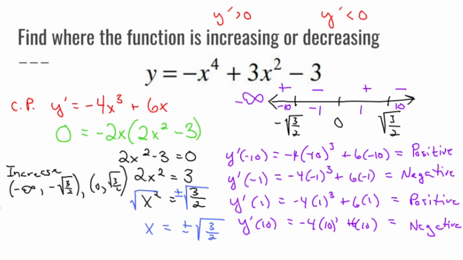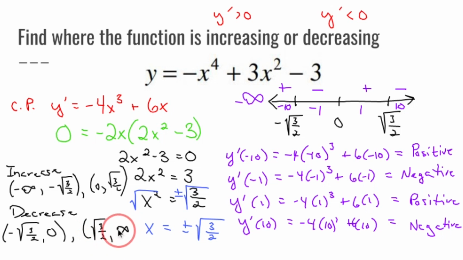And it's decreasing between negative root 3 over 2 to 0, and root 3 over 2 to infinity. So there you have it. A very, very busy problem. Lots to do. But without graphing, I was able to figure out where the function is increasing and decreasing.